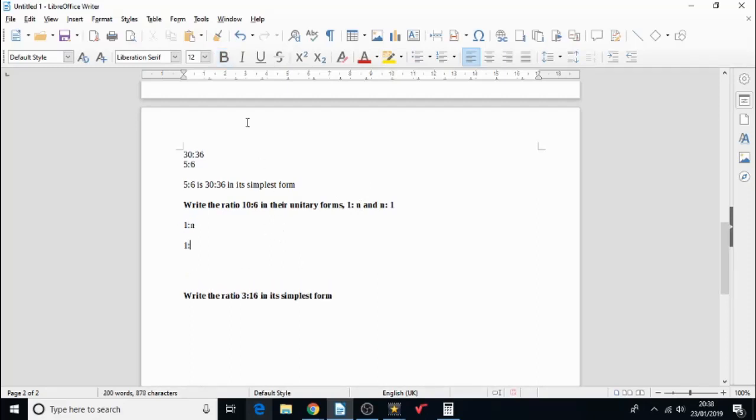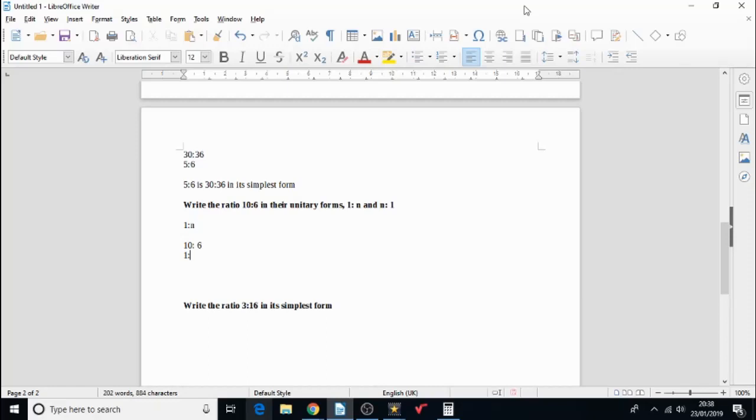So 10 to 6. You get that to 1. To get 10 to 1, 10 divided by 10. Whatever you do to the left-hand side, you also do to the right-hand side.